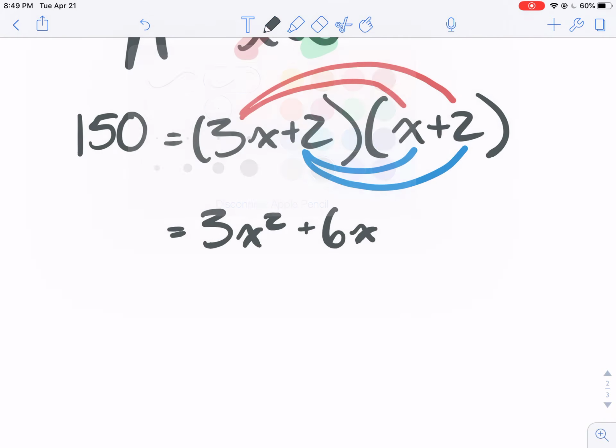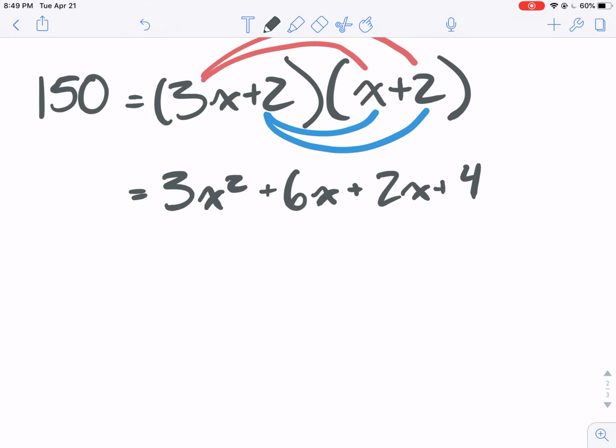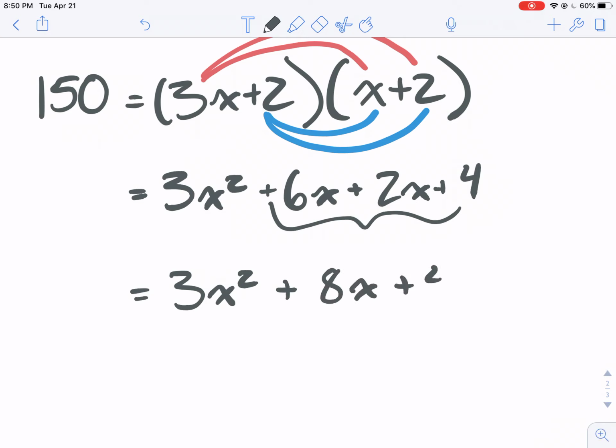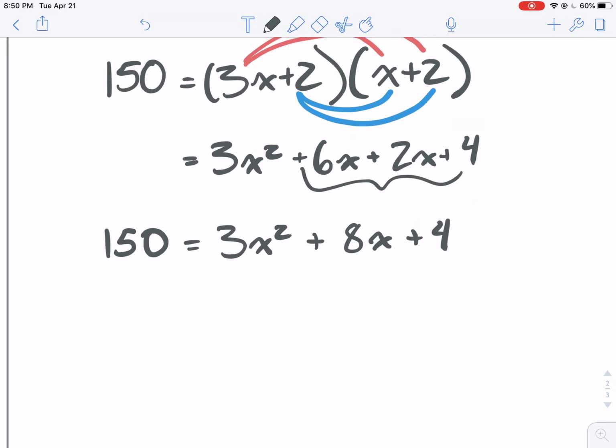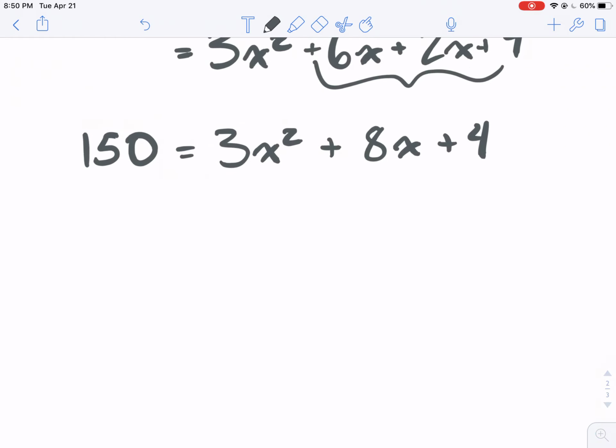Times 2 gives me 2x plus 4. I can combine these two like terms in the middle here for a total of 3x squared plus 8x plus 4. Hey, look at that nice quadratic. Equals 150. Now we want to use completing the square.